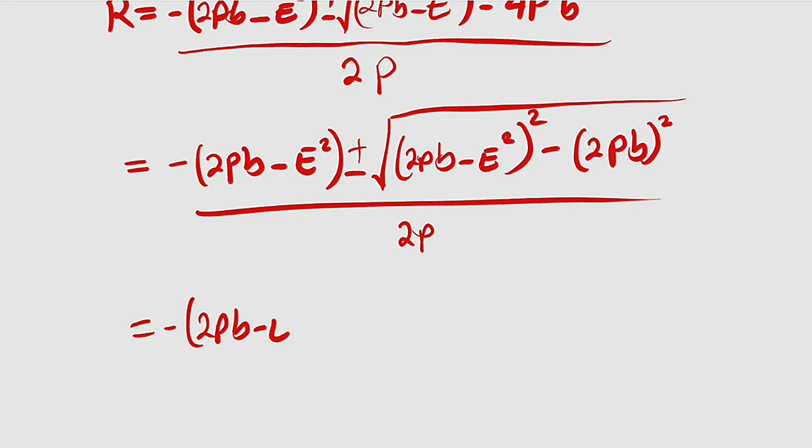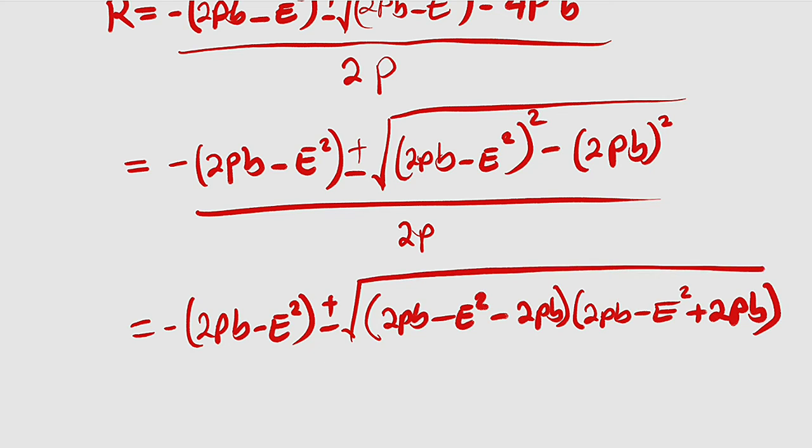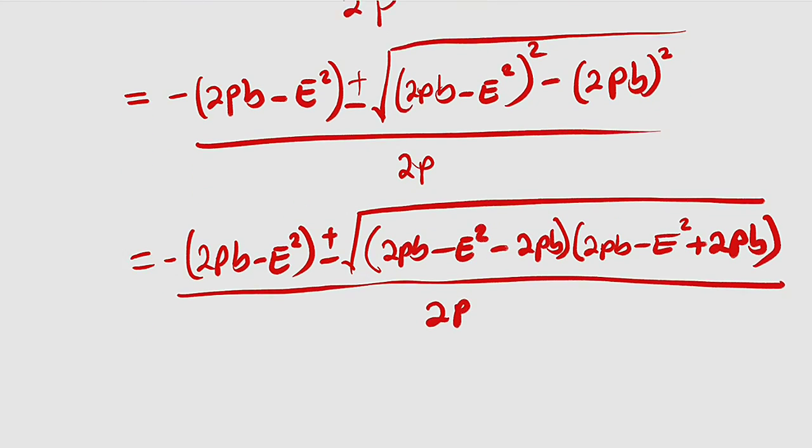This is equal to minus (2PB minus E squared) plus or minus the square root of, we have (2PB minus E squared) minus the other one, 2PB, then we multiply again (2PB minus E squared), but this time around we add 2PB, and hence we have just factorized what is under the square root, all divided by 2P.